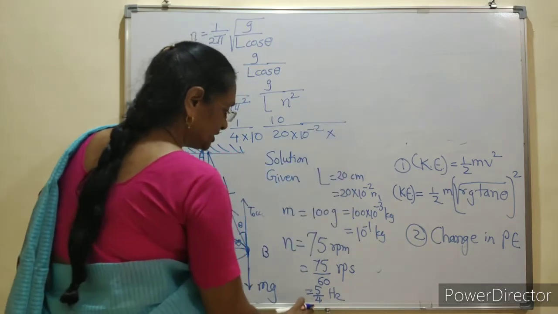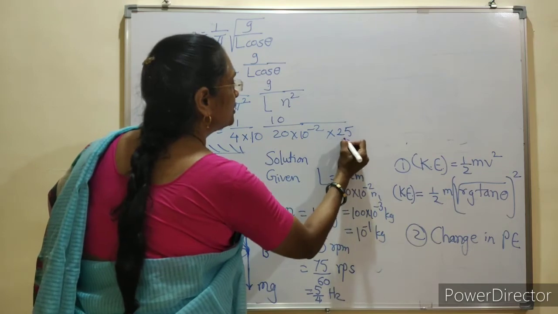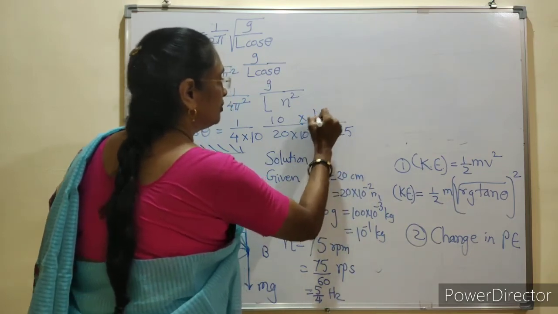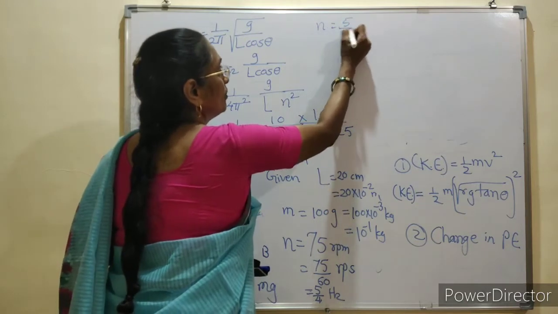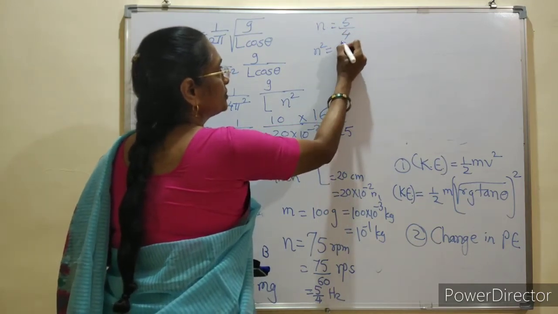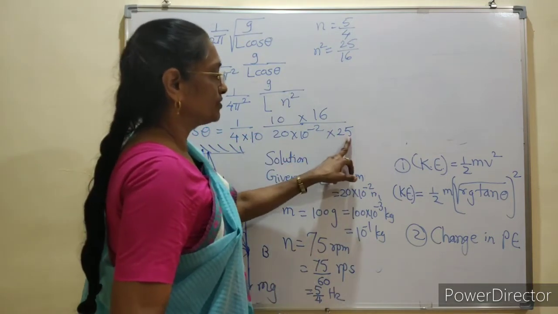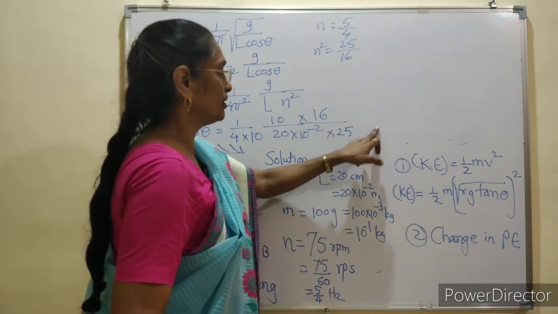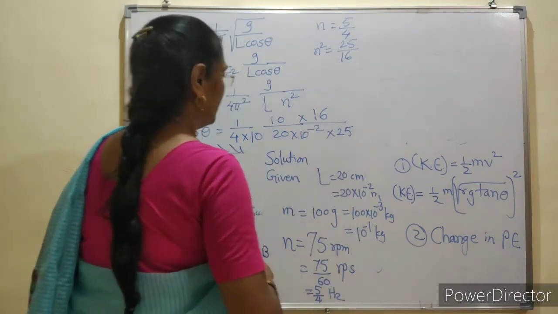N square is 5 by 4 square, meaning 25 by 16. Here n is 5 by 4, therefore n square is 25 by 16. Here 25 is substituted in the denominator, and the denominator of the denominator goes in the numerator.